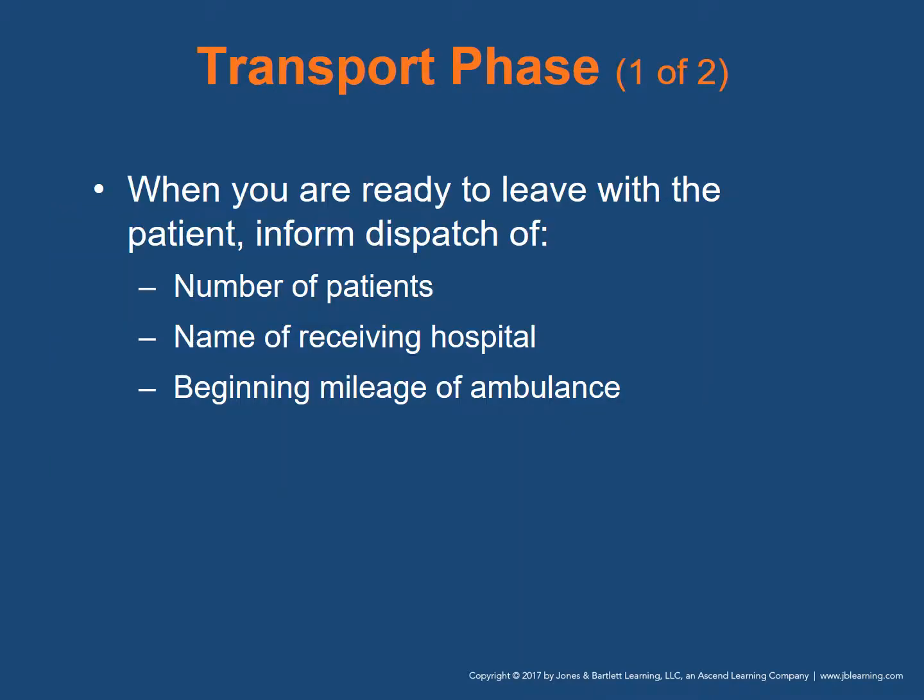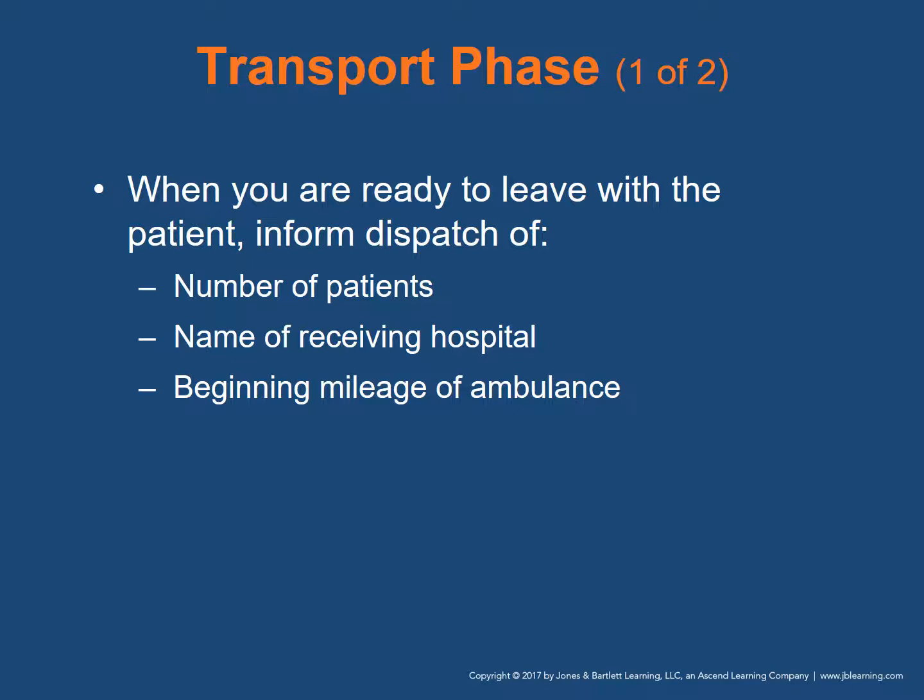When you are ready to leave with the patient, inform dispatch of the number of patients, the name of the receiving hospital, and the beginning mileage of the ambulance. This information will be given to you by the company that you work for. When I got hired for AMR, we had to go through preliminary orientation training where they went over this information with us.